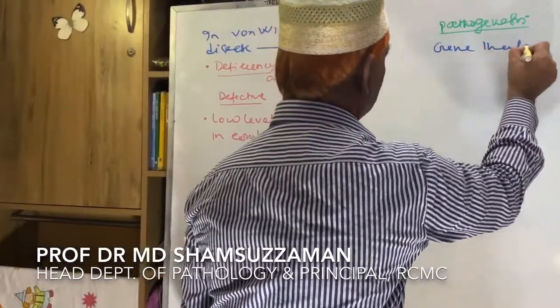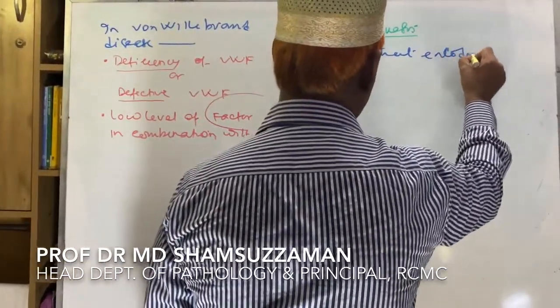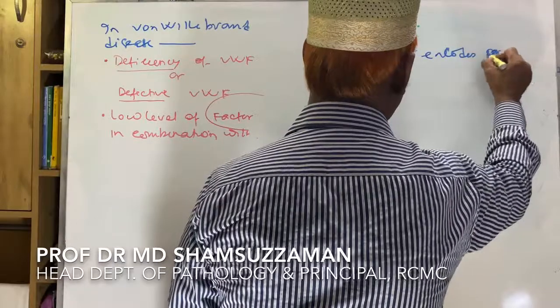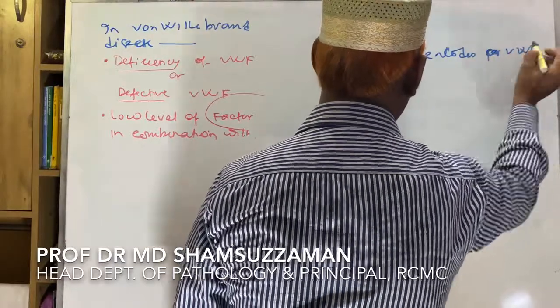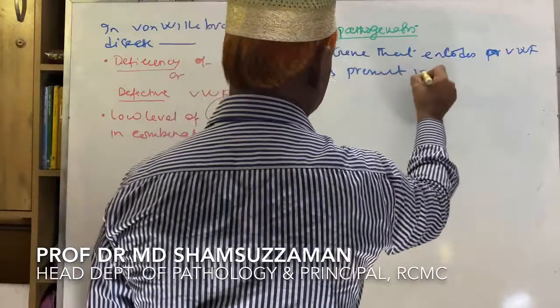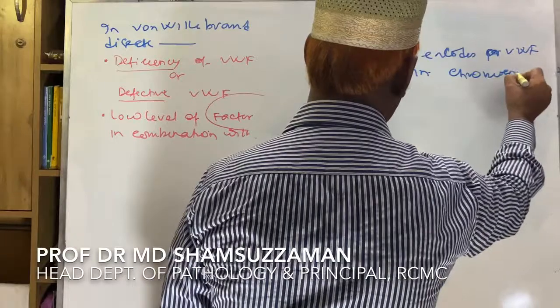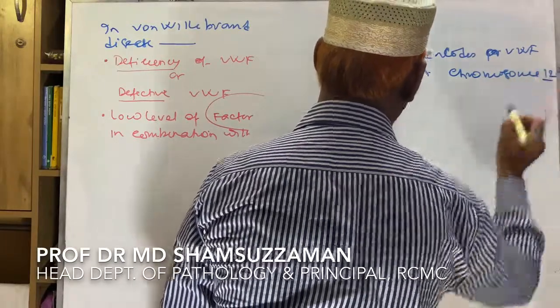The gene that encodes von Willebrand factor is present in chromosome 12.